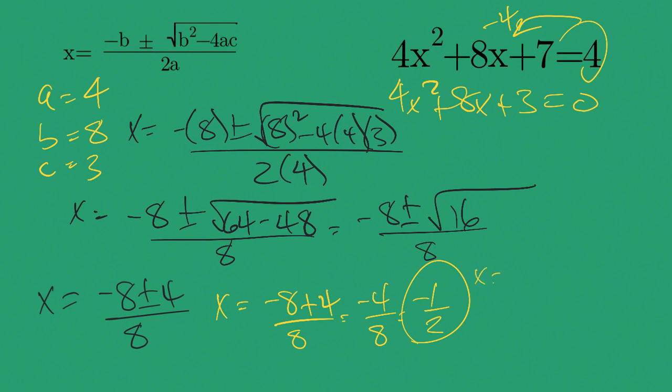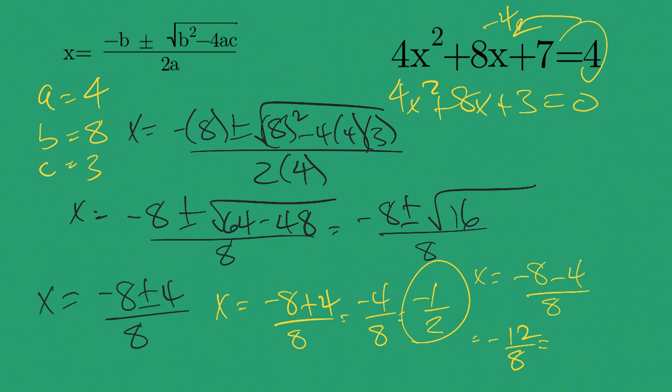And then we've also got to consider negative 8 minus 4 over 8. What's negative 8 minus 4? Negative 12. Wonderful. And what is negative 12 over 8 reduced to? What could you divide both those by? 4.